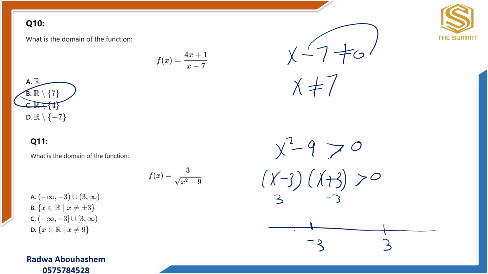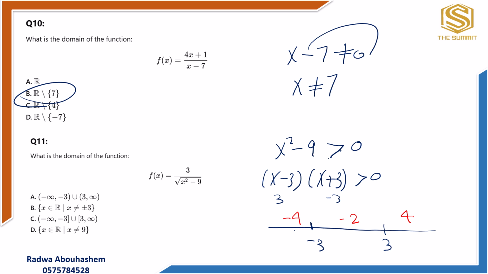So I'm going to pick a number before negative 3, let me see, negative 4. And between negative 3 and 3, let me see, negative 2. And I'm going to check a number also after this 3. Let me pick 4. And let's try. If I say negative 4 power 2, it would be 16. 16 minus 9 gives me 7.